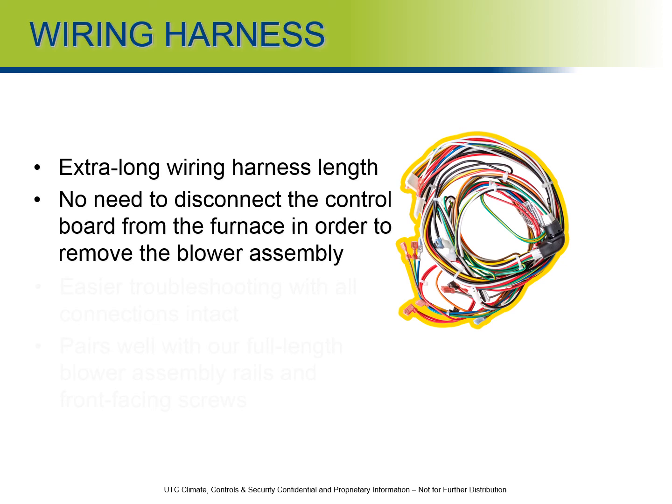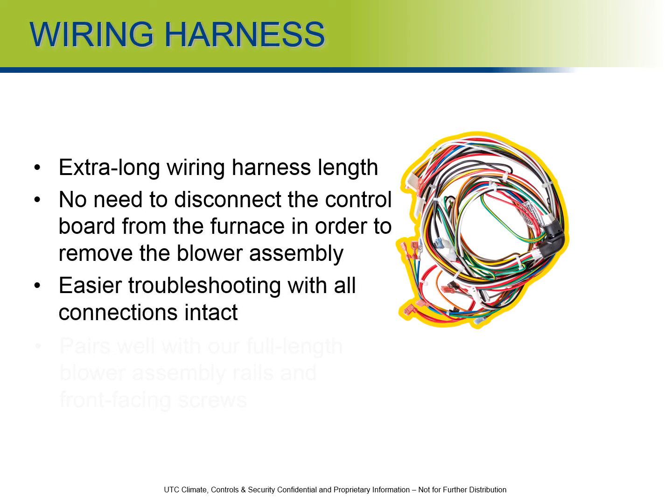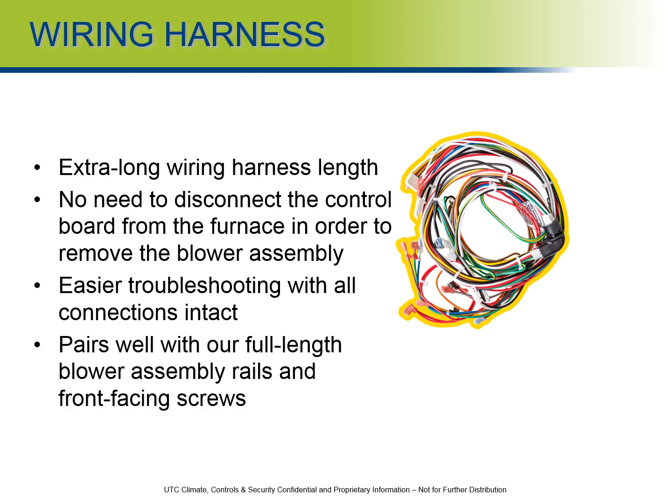Because in the past it's always been a real pain in the rear to have to completely disconnect a control board from a blower assembly to pull the blower assembly and replace a motor or a blower wheel. This also ultimately makes it easier to troubleshoot with all the connections intact. It also pairs well with the full length blower assembly rails, with the front facing screws that allow the blower housing to be removed much easier.